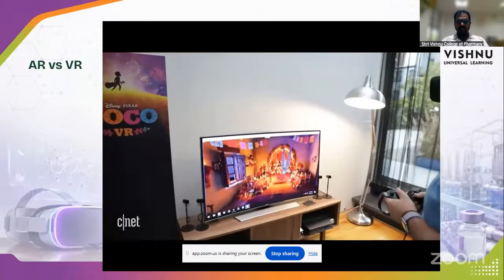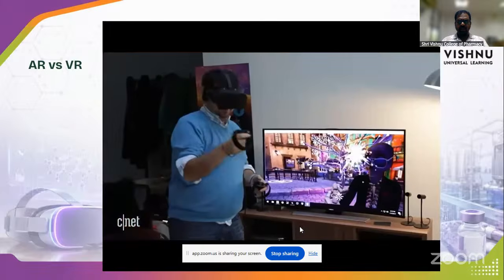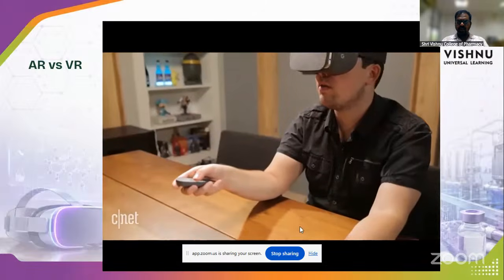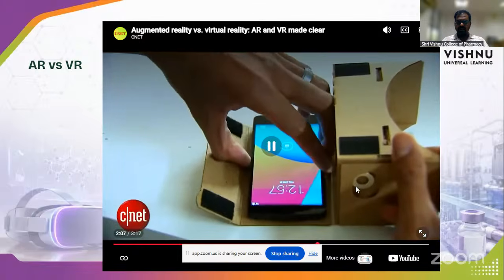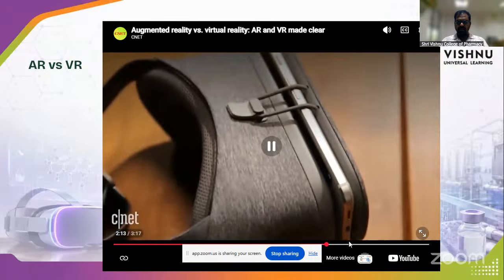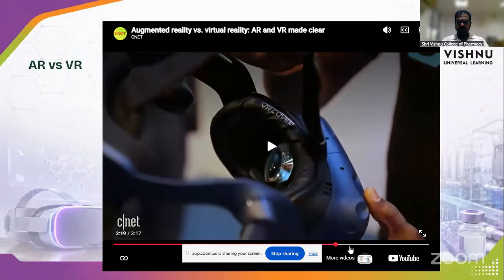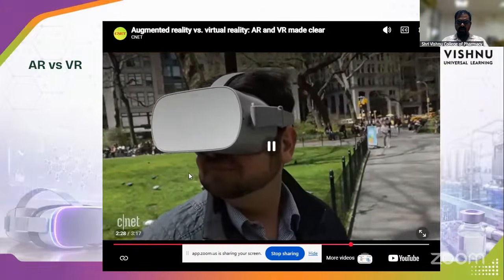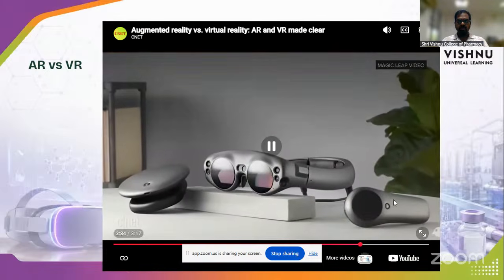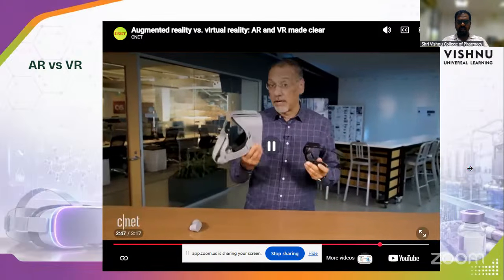Today technology has become very feasible and friendly, so that we can create AR and VR labs and VR videos for better understanding for the students. So this is the basic difference between AR and VR.